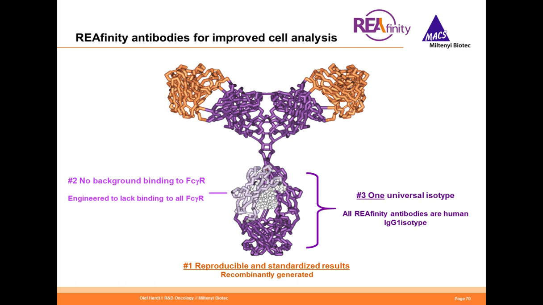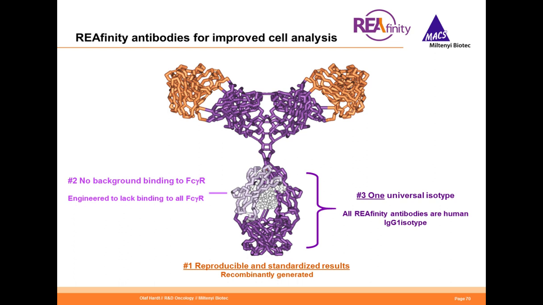It's pretty funny, because at Miltenyi, even before that debate, many years back, we decided to turn our whole antibody portfolio into recombinantly engineered antibodies already, because that will give you very reproducible, standardized results, because the antibodies are all sequence validated. You only have one heavy chain, one light chain, and because they are recombinantly engineered and produced, you always have the same.